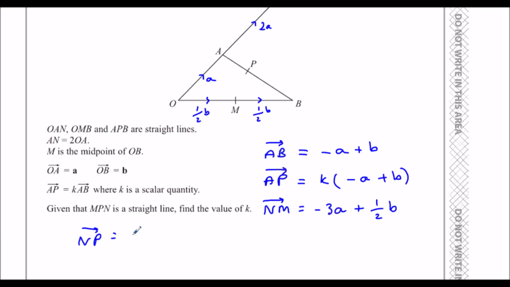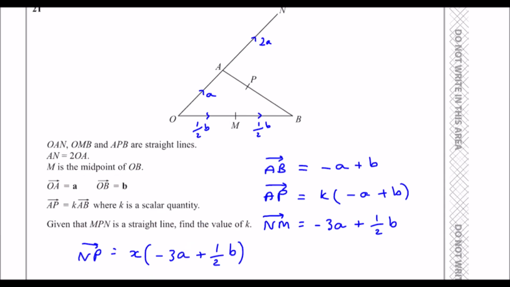Let's call it, can't use k, I'll use x. N to P is x times minus 3A plus a half B.